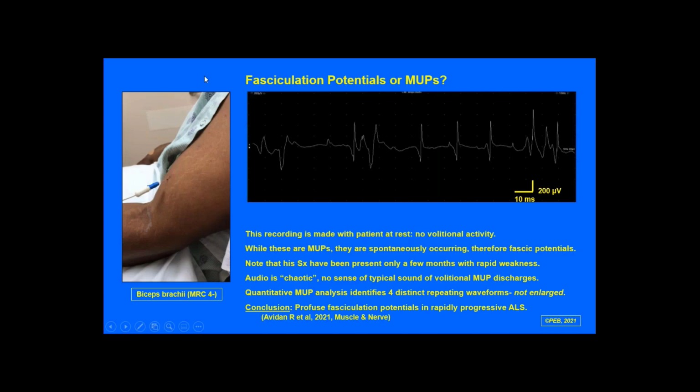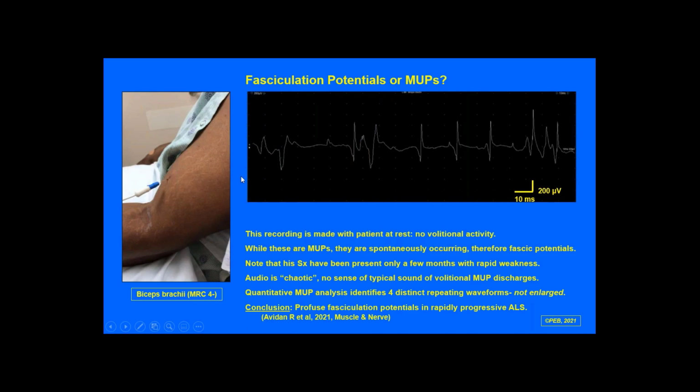This goes to the more recent papers on fasciculation potentials. Here's a patient we had with the fastest progressing ALS I'd ever seen. It was literally months. And I'm going to show you what his arm looked like in a video clinically, and then a recording of what we recorded as his fasciculation potentials.